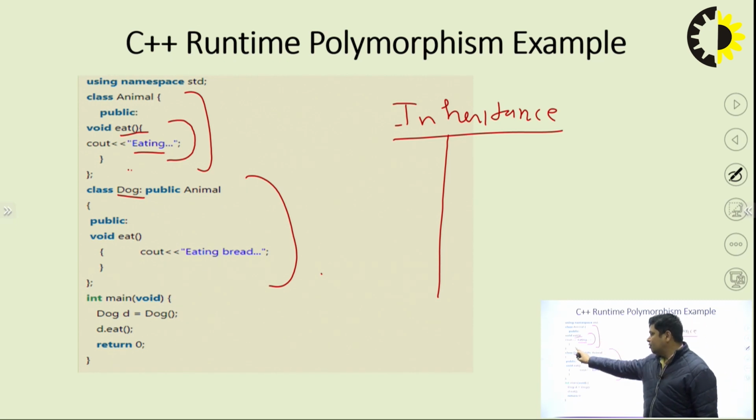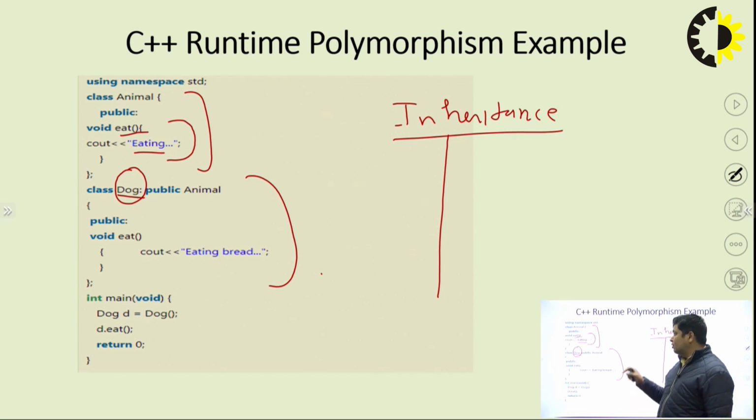It means the dog class has two methods, or two properties: first the property of the animal class and second the property of the dog class.